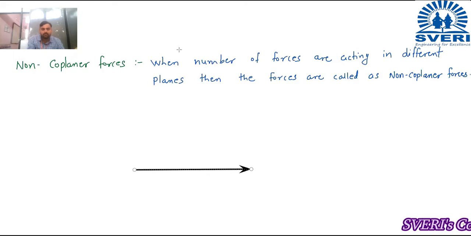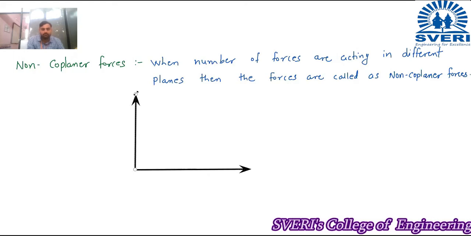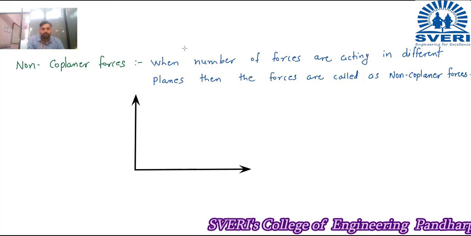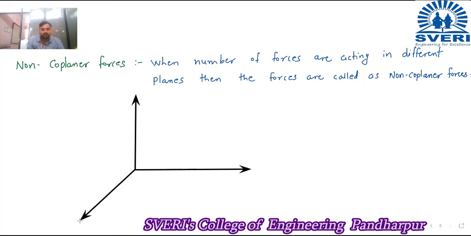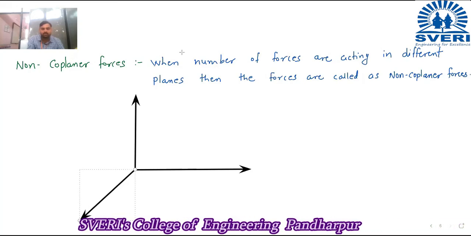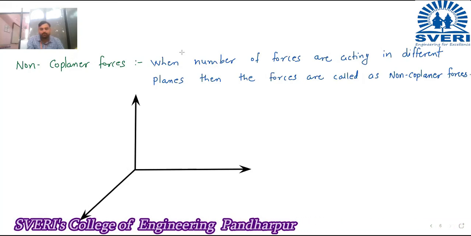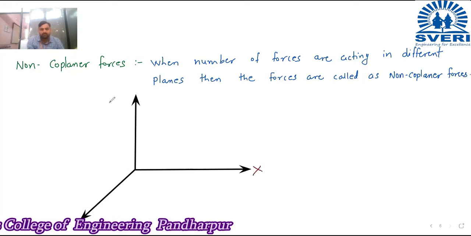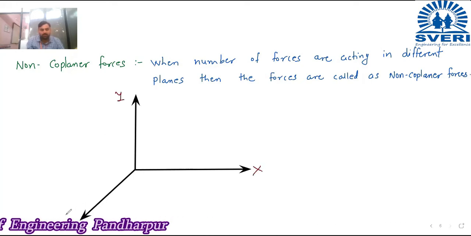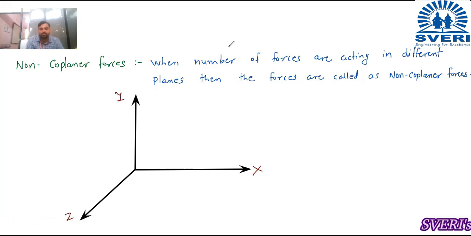Here are the x-axis, y-axis, and z-axis. These are the axes x, y, and z. So this is x, this axis is y, this axis is z. Now see, if the forces are acting like this. Now I will draw the forces.